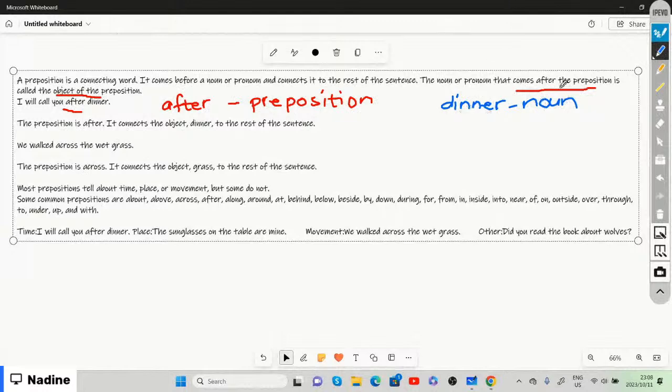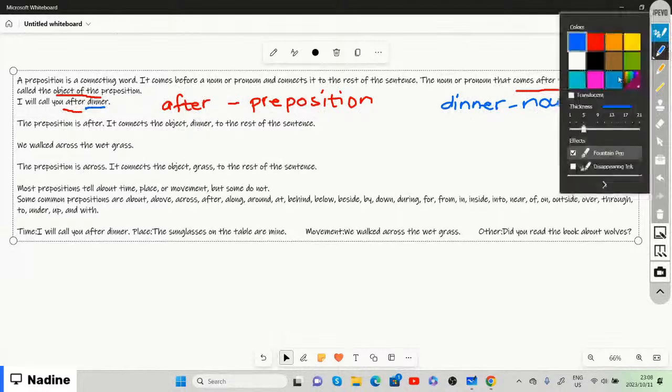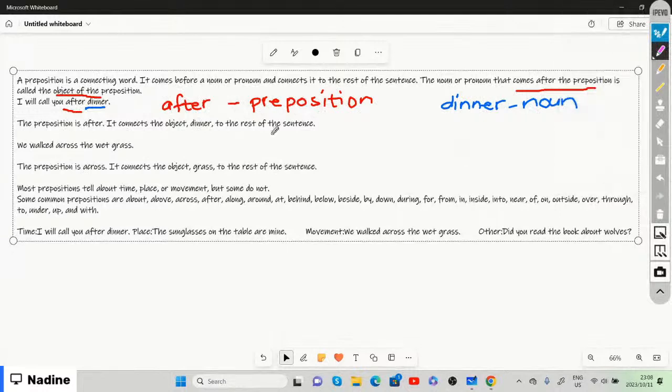So this noun that comes after the preposition, which is dinner, we call this the object of preposition. Right?